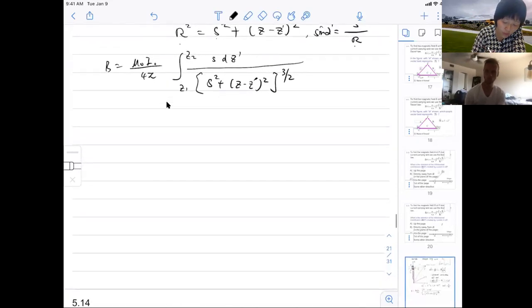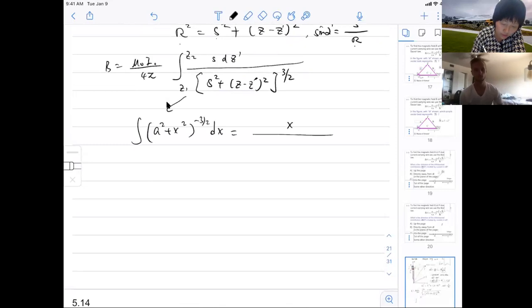So here from Mathematica, you know that if you try to do this integration, the result is going to be x over a squared times the square root of a squared plus x squared. So I'm going to use this result right away. Directly put in your integration, and that becomes mu naught I over 4 pi over S. Let me not write it so fast.